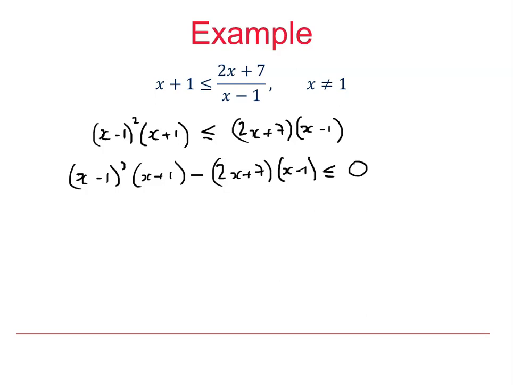We can take out a factor of x minus 1, leaving in the bracket x minus 1 multiplied by x plus 1, so that's x squared minus 1, difference of two squares, and then we're subtracting from that the factor 2x plus 7.